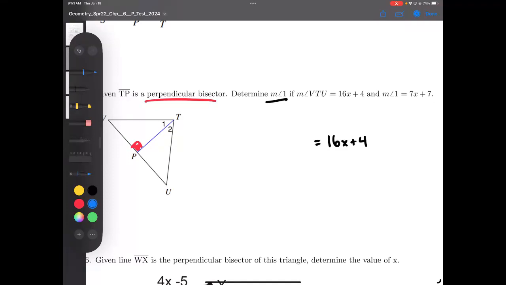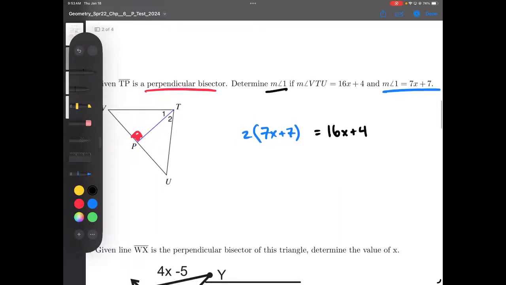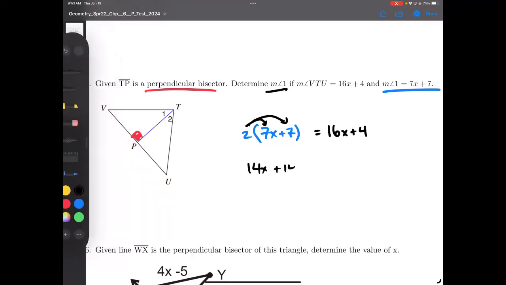And they also told you one of the angles is 7x plus 7. If they told you one of them is 7x plus 7, what should the other one be? The same thing, right? So if it's the same thing, can't I just multiply that by 2? If I do that, I get 14x plus 14.